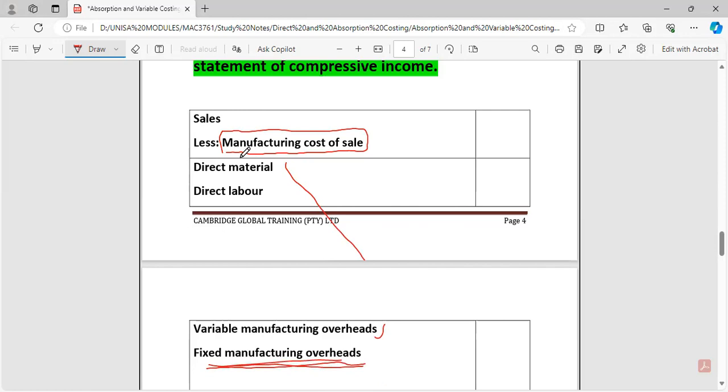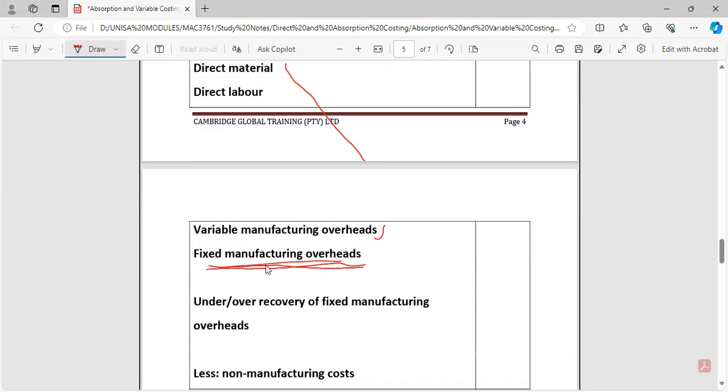If you know you are going to use absorption costing, then you know you need all this. But if you don't know this format, the structure, then it's going to be a problem, because you don't know what you are building.